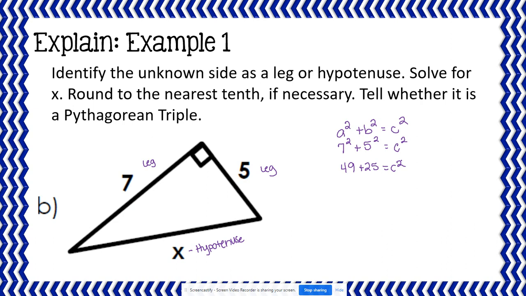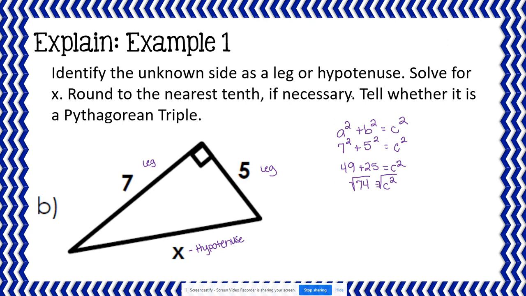If I do 49 plus 25, I'm going to get 74. So I have 74 equals c squared. To get c by itself, I know that I need to take the square root of both sides. I know that 74 is not a perfect square, which means that technically it's an irrational number, so I'm going to get a number that continues on forever and does not repeat.